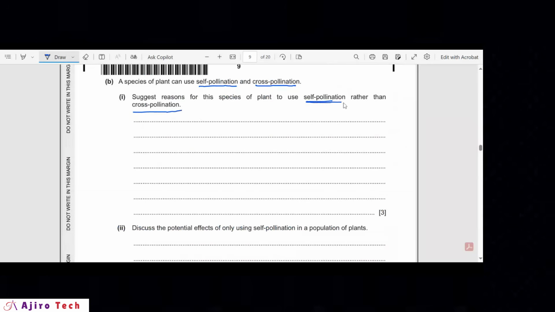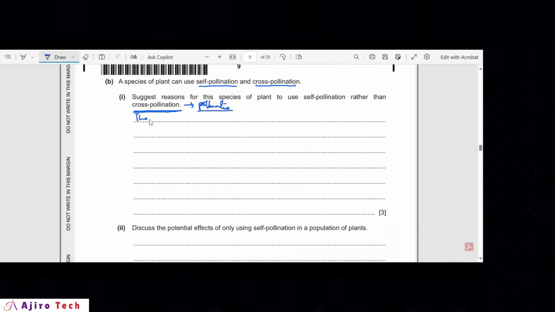Self-pollination has features that allow the pollen grains of the plant to land on the stigma of flowers in the same plant. Cross-pollination usually involves pollinators that transfer pollen between plants.